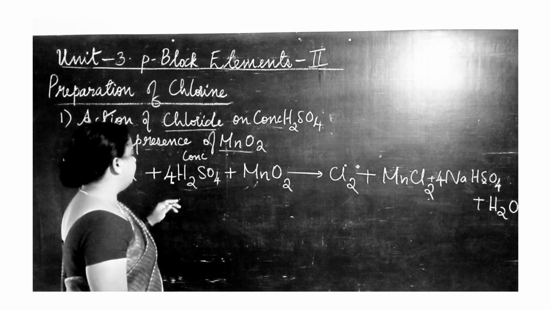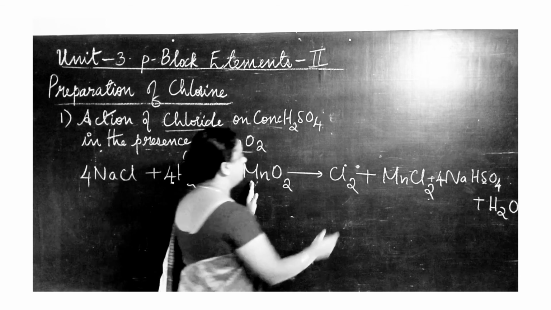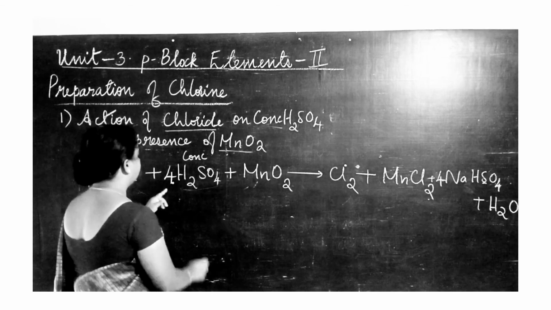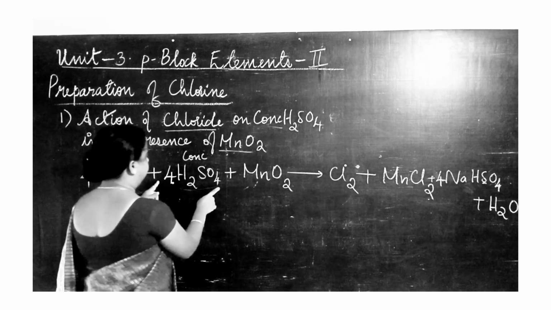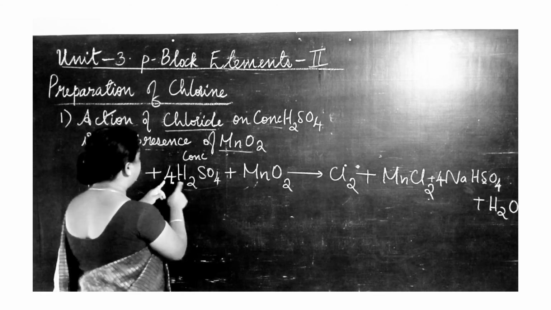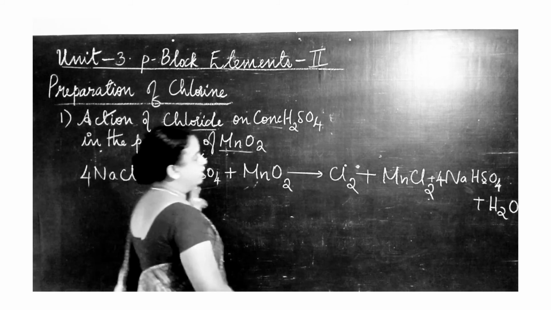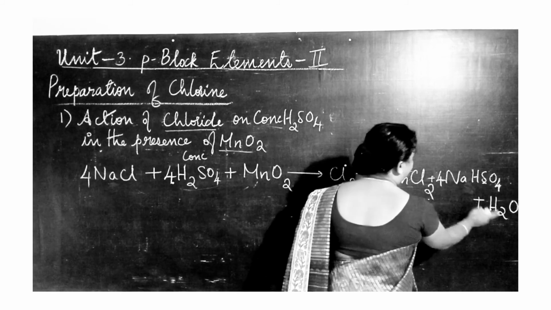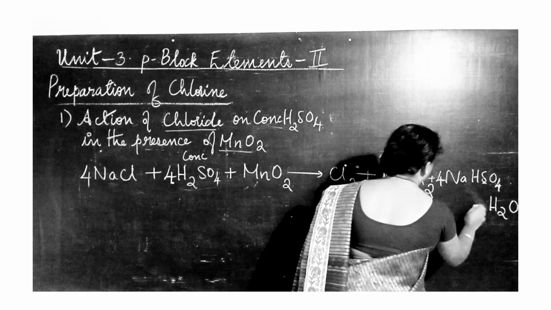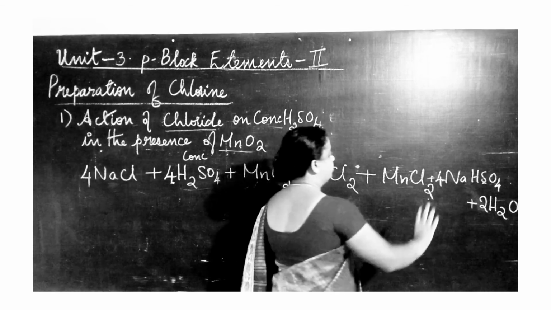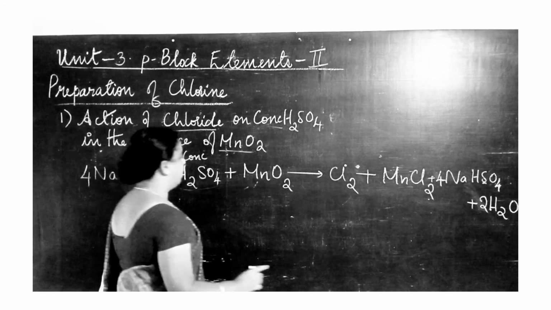On the left hand side 1 manganese, right hand side also 1 manganese, so that is balanced. Now let us look at hydrogen. On the left there are 8 hydrogen atoms, whereas on the right 4 plus 2 is 6 hydrogen atoms. To balance, I put 2 here. So 4 plus 4, 8 hydrogen atoms, that is also balanced.